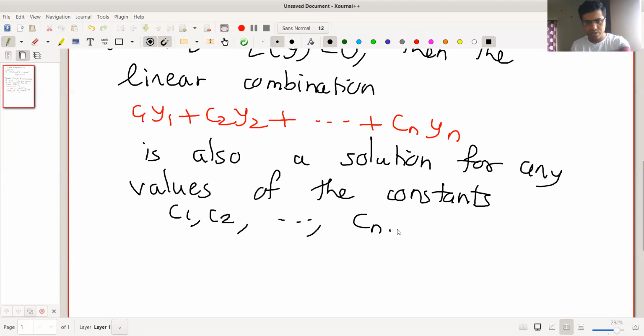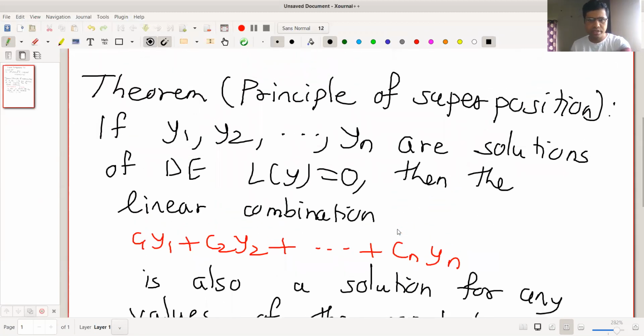So this result says that for any set of solutions y1, y2 to yn, such a representation C1 y1 plus C2 y2 plus and so on Cn yn with constants C1, C2, and so on Cn is called a linear combination of solutions y1, y2 to yn. If y1, y2, and so on yn are solutions, then any linear combination of these solutions is also a solution.